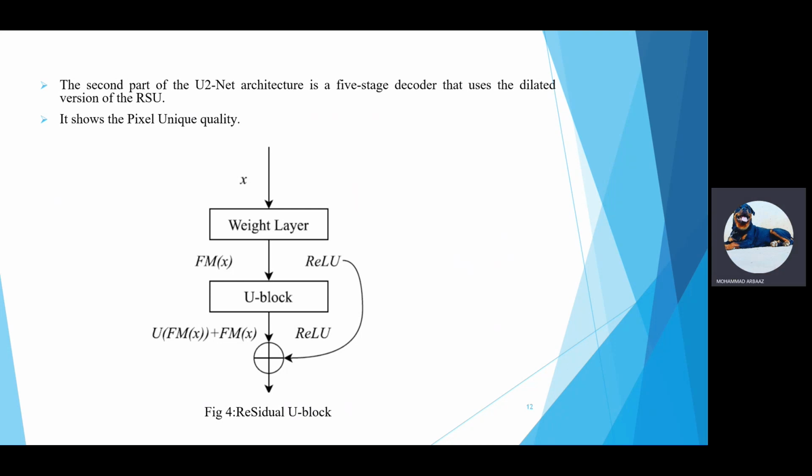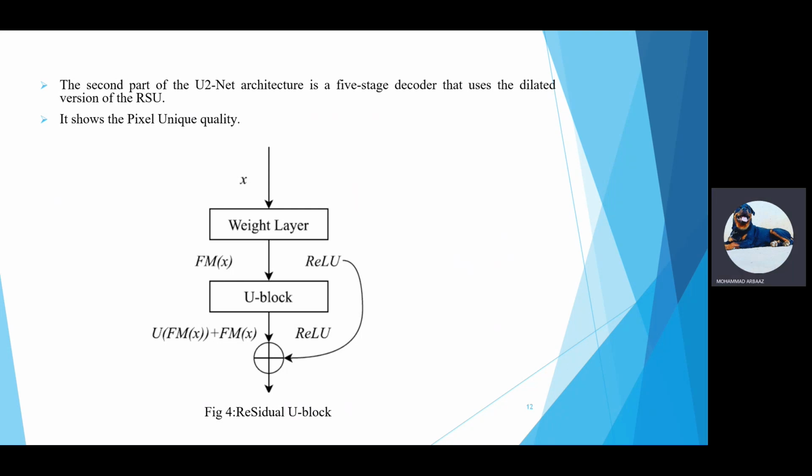The second part of the U2NetV2 architecture is a 5-stage decoder that uses a dilated version of the residual surplus connection. It shows the pixel's unique quality. A pixel is the smallest unit of any image. When pixel values are more, then image quality will be good. Here we will be using the equation U of F_M of x plus F_M of x.